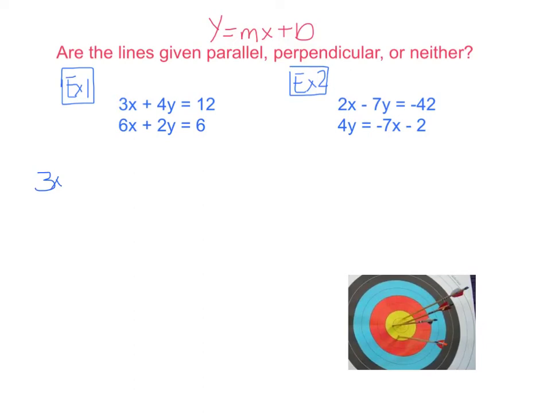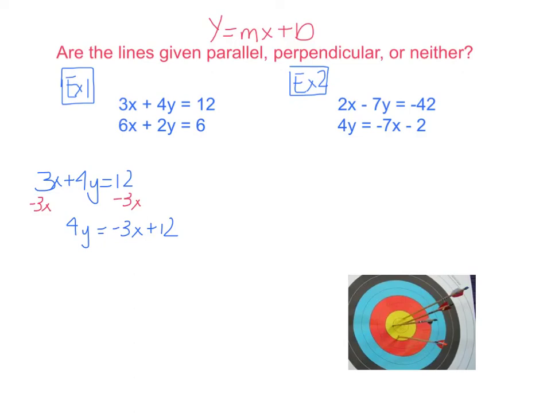I'm going to take my first equation, and my goal is to get it in slope-intercept form so I can find the slope. So my first step would be to move the x term to the other side, because in y equals mx plus b, the slope has the x value on the right side. Now note that the negative 3x and the 12 aren't combined because they're not like terms. So they just come down as two separate terms, negative 3x and 12.